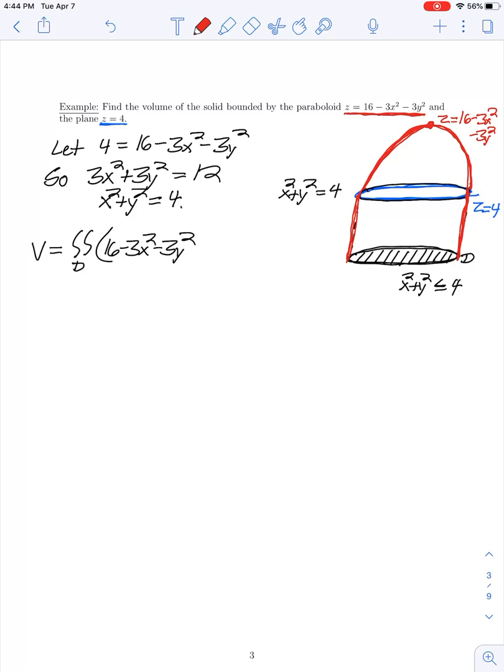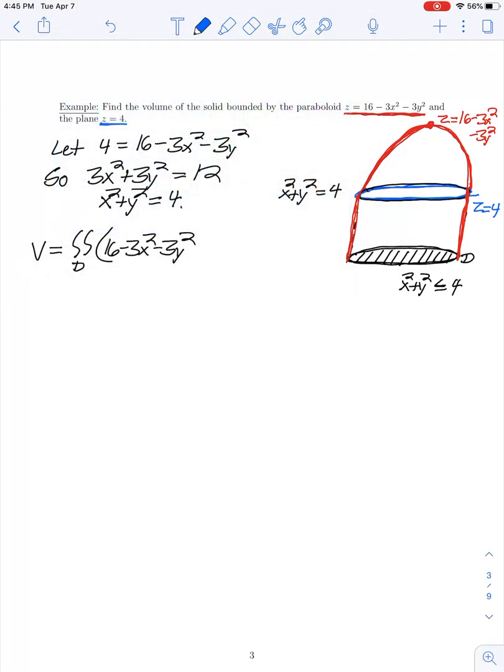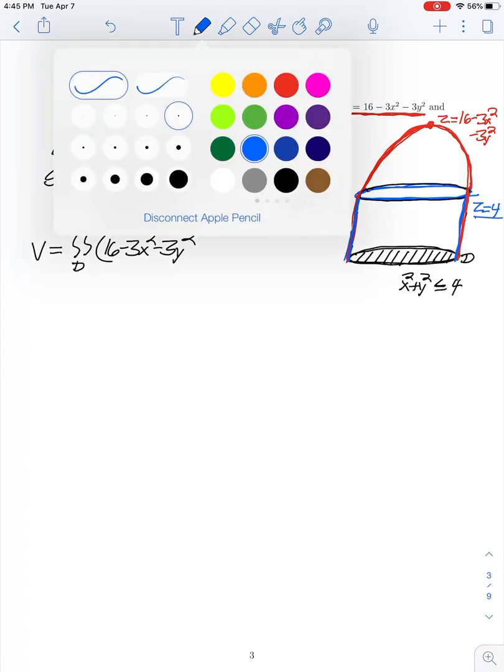And then to get the volume of the solid bounded by these surfaces, we would then have to subtract the volume of the solid that lies above our disk D and below this plane z equals 4.